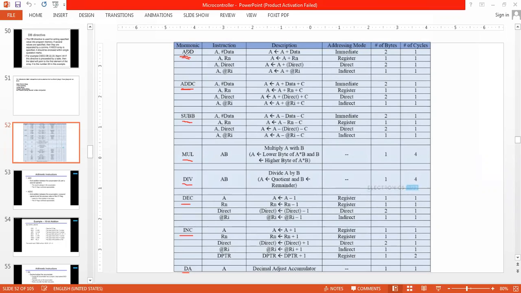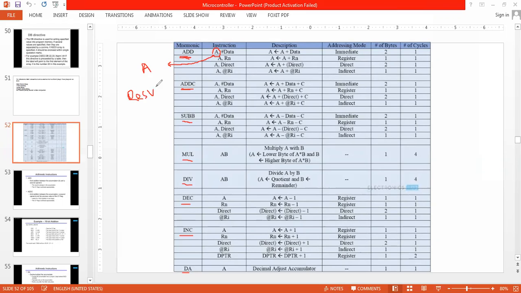So how can we use these instructions? The ADD instruction can be used, and when we were studying the accumulator register, we came to know that the accumulator is compulsory, a default destination register. Always the A register should hold the result.